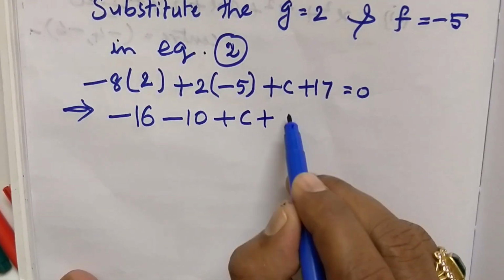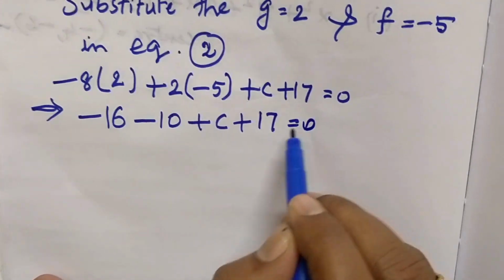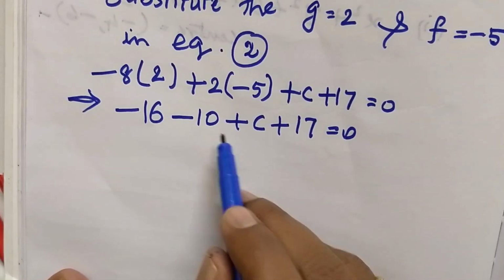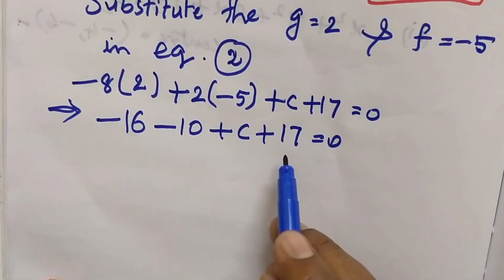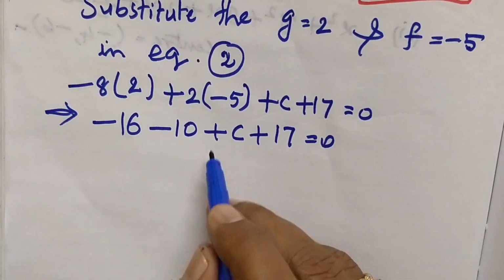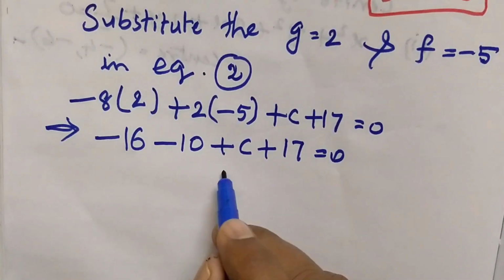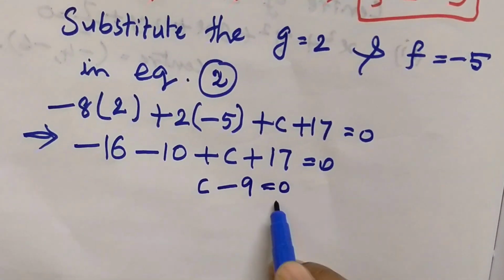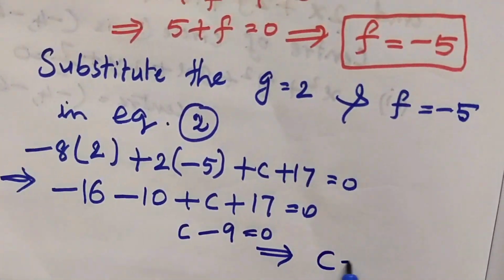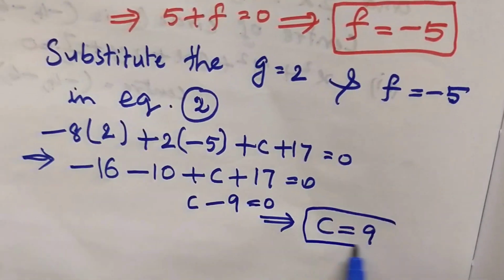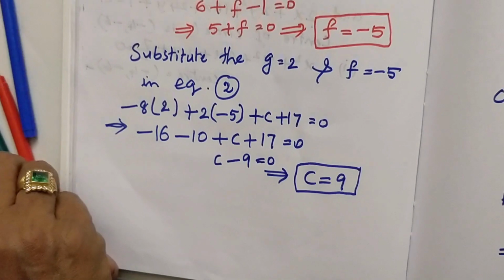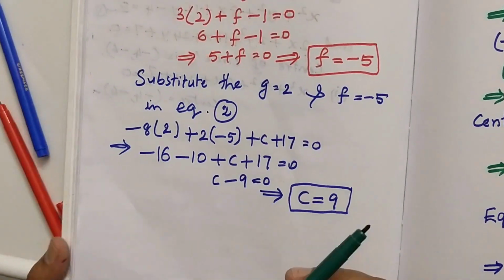This is a minus 26. This is a plus 17. 17 minus 26 is minus 9. So c minus 9 is equal to 0. This gives us the value c is equal to 9. All the values we got, g value, f value and c value. Right? Now go to the general equation, then you get the answer.